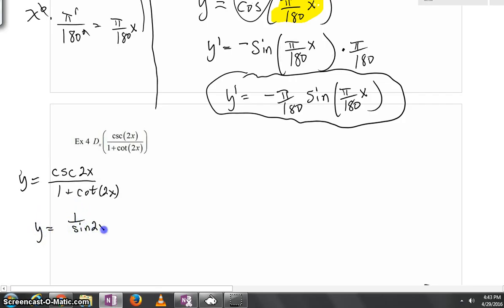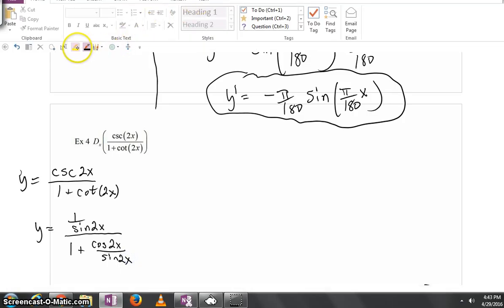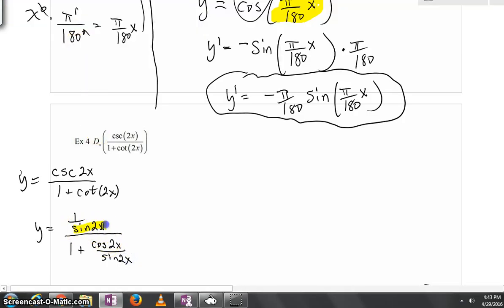Cosecant, I think most of us would agree, is 1 over the sine function, so it's 1 over the sine of 2x. Cotangent is really the cosine of 2x over the sine of 2x. Now, at first glance, this looks to be way worse than what we originally started with. We have complex fractions.